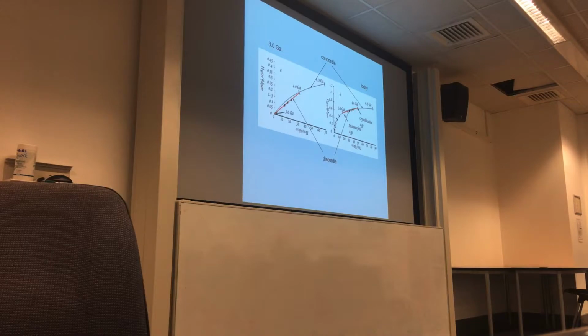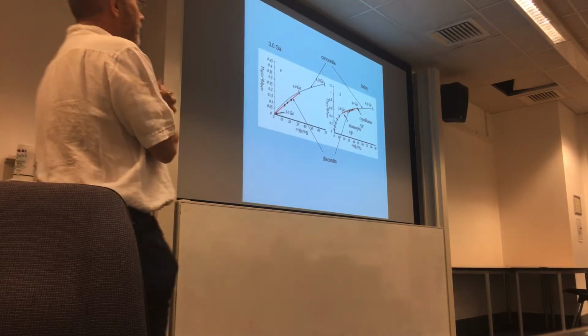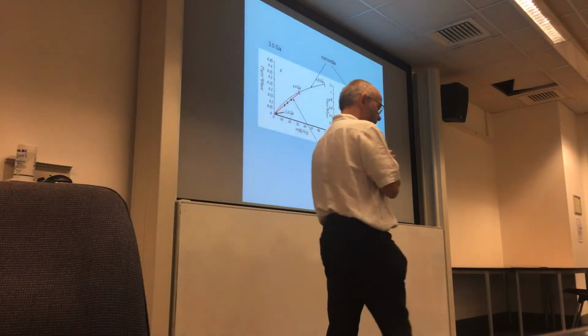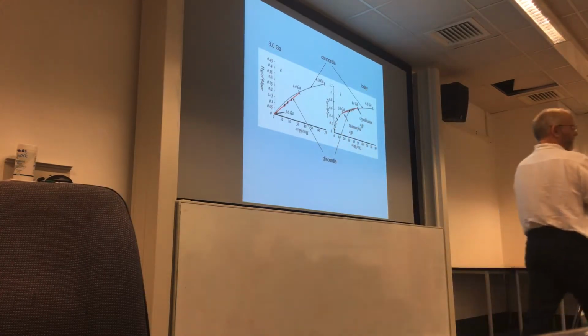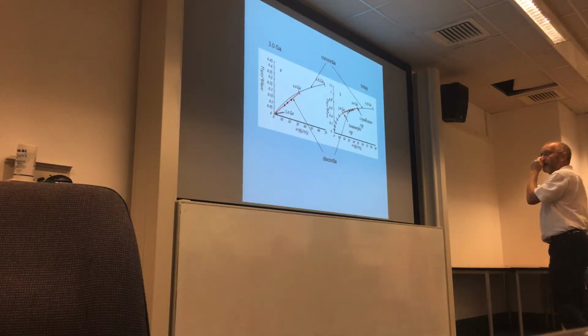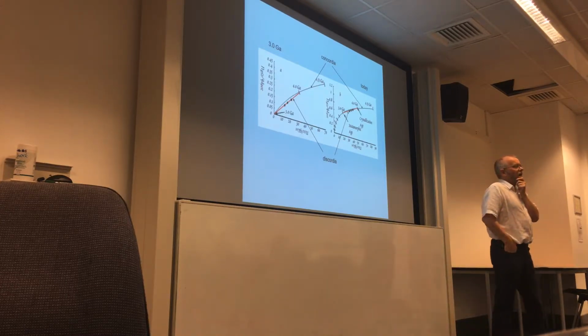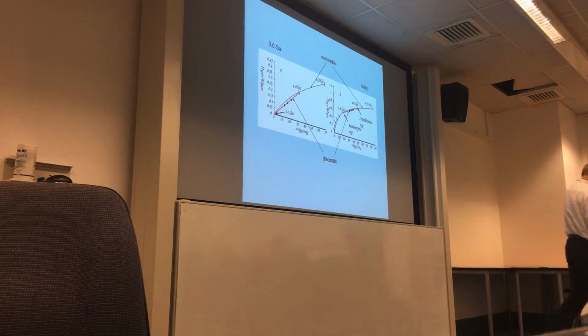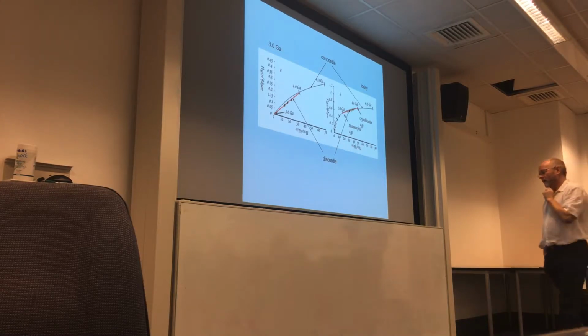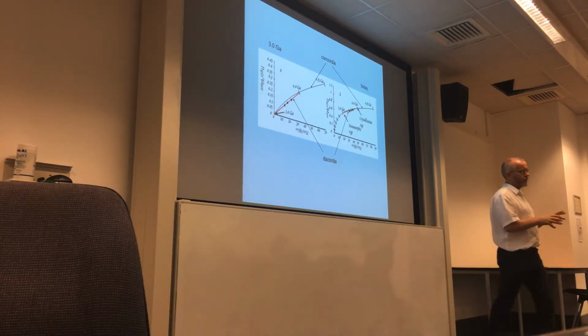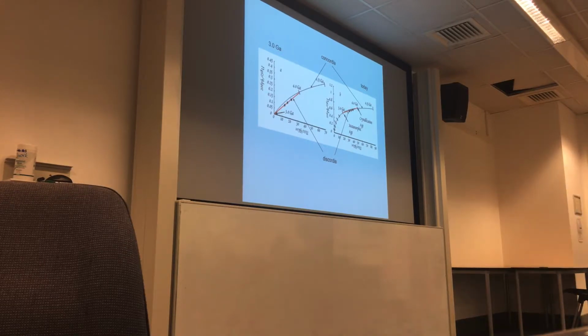Now, I said that zircon is very robust, but even zircon has its weaknesses. So let's say we have a zircon crystal that formed 4 billion years ago, and the rock that it was contained within experienced some high temperature metamorphic event 3 billion years ago.